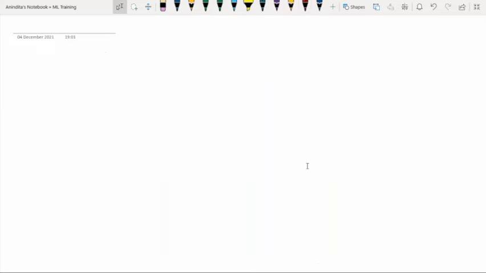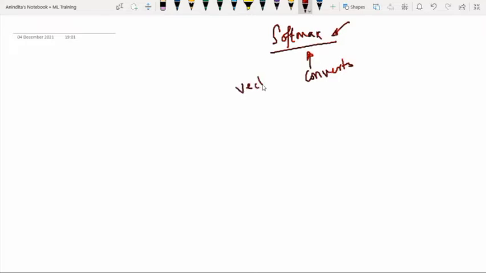So let's start with the concept of the softmax activation function. Like other activation functions, it is a mathematical function. And what it does is it basically performs some conversion. It is basically used for converting a vector.